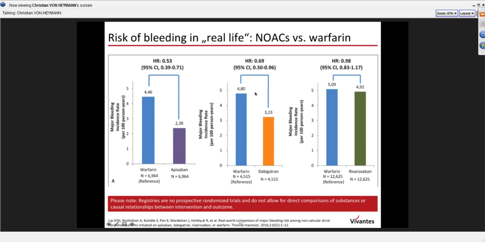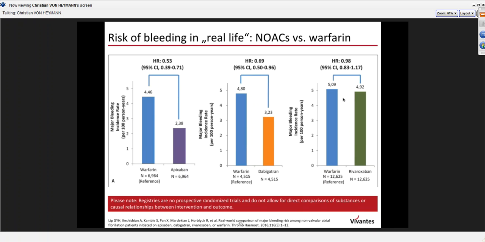You have a lower incidence of bleeding compared to warfarin, and the rivaroxaban is also not doing worse, but there was no significant reduction with the use of rivaroxaban in terms of bleeding. So a good perspective for the future, to my understanding, with the NOACs: we probably will see a lower incidence of gastrointestinal and also, I hope, intracranial bleeding in patients requiring anticoagulant treatment.